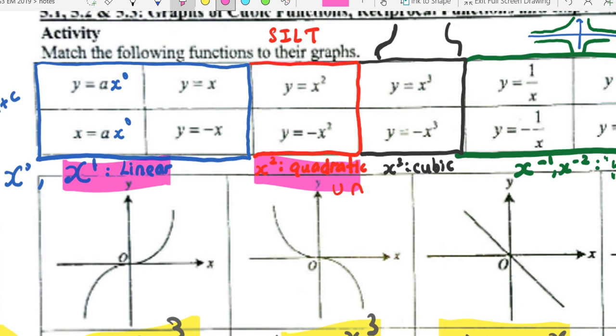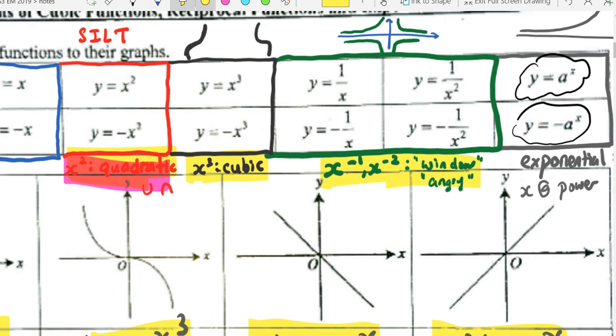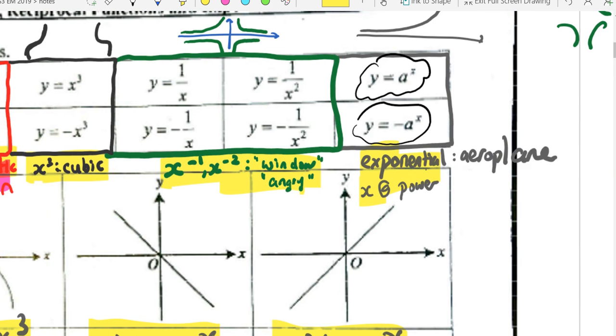Sorry. Is this the quadratic family, cubic family, the angry graph family, or the aeroplane family? That's all. Any question? No? If no, I'd like to ask you to go to the second page. Gradient of a graph. So let's pause the video here and let's create that one.